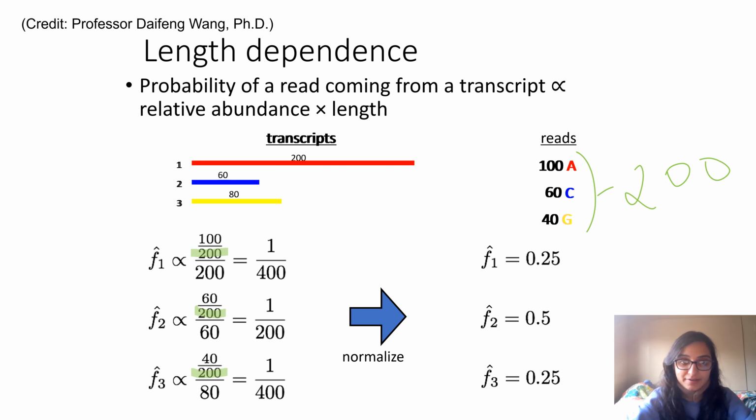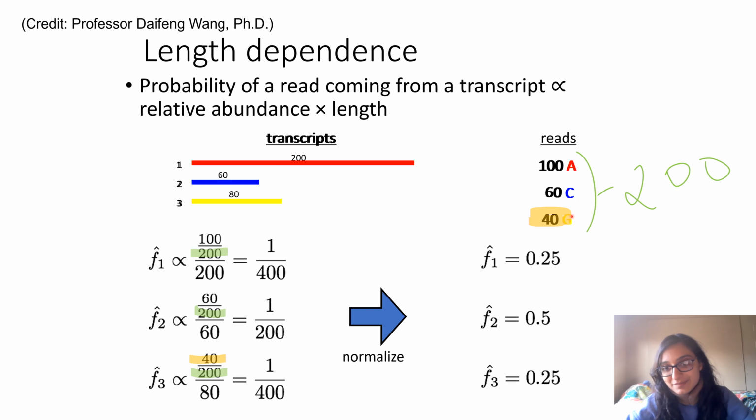And our numerator is going to then pick up on this. Let's just use sequence 3, for instance. This is a 40 here. This 40 comes from our G. This is the number of reads. So out of the total number of reads, how many of them belong to this?